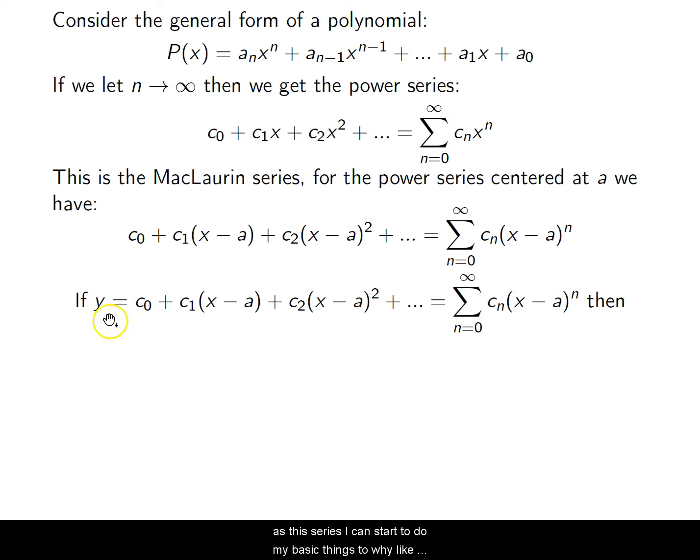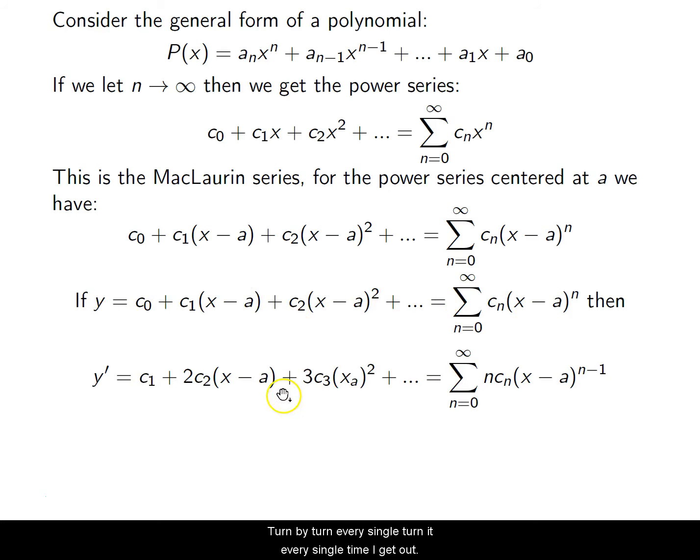I can start to do my basic things to y, like differentiate it. Okay, so again, this is a polynomial. I can differentiate this polynomial term by term, every single term. Okay, so if I differentiate every single term, I get out a new series. Okay, so again, notice that C0 goes away, C1 turns into the constant. I got a 2C2. This power drops down by 1.